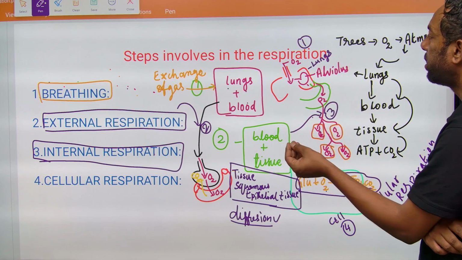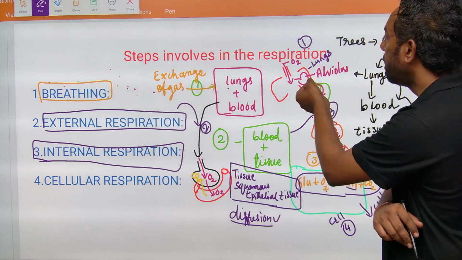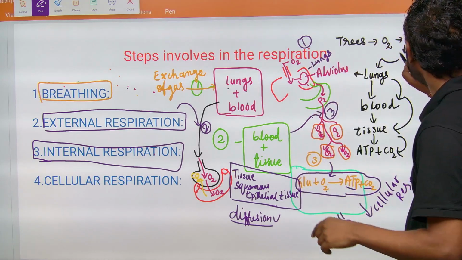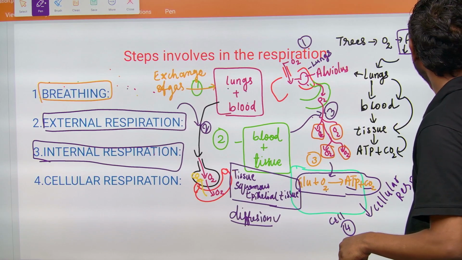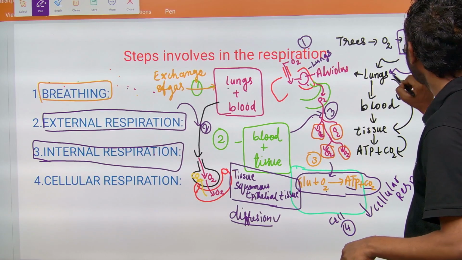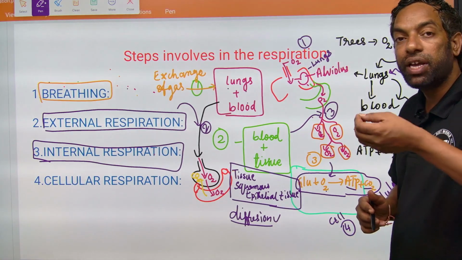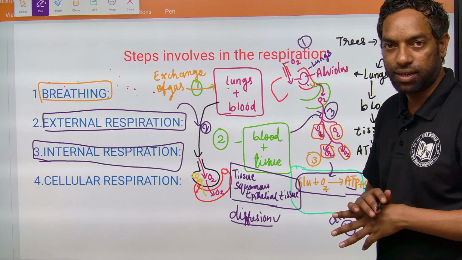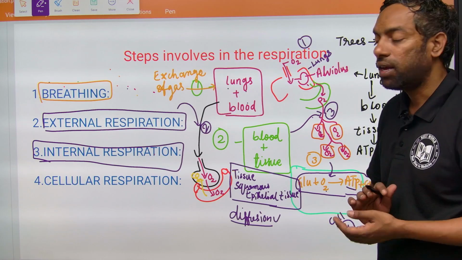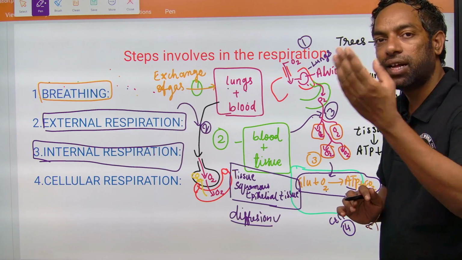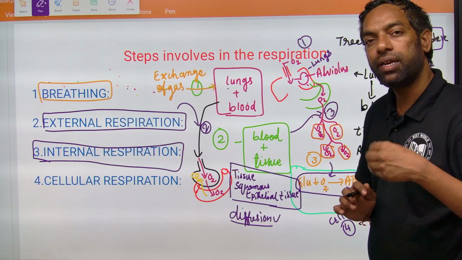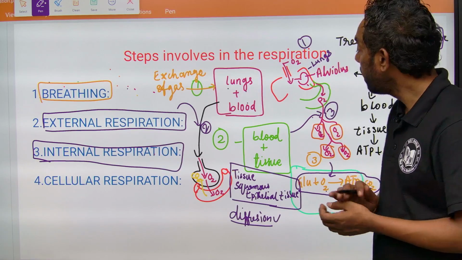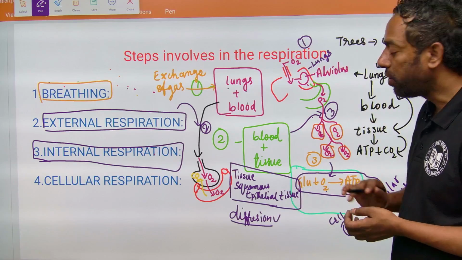Breathing is where the oxygen from the atmosphere reaches the lungs, meaning we take in the oxygen and exhale the carbon dioxide. Inhale the oxygen, exhale the carbon dioxide, that is breathing into the lungs.